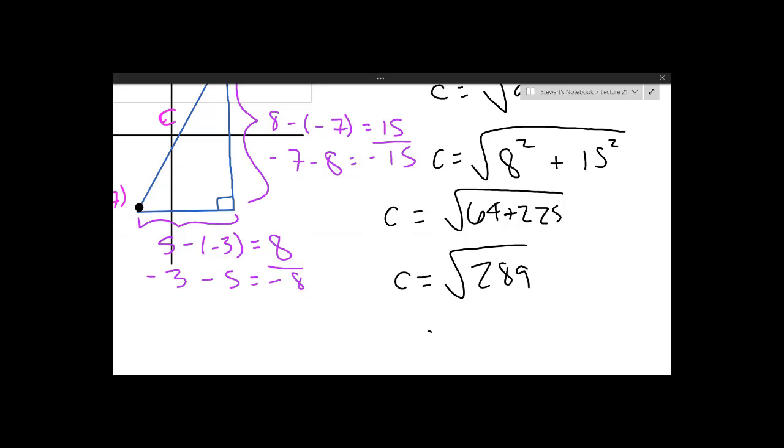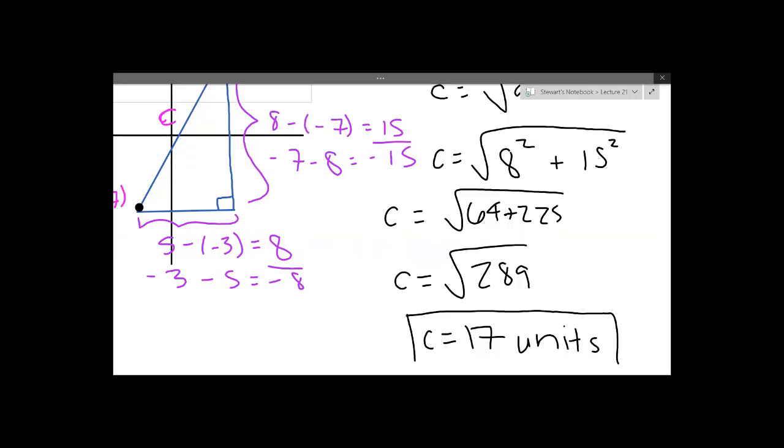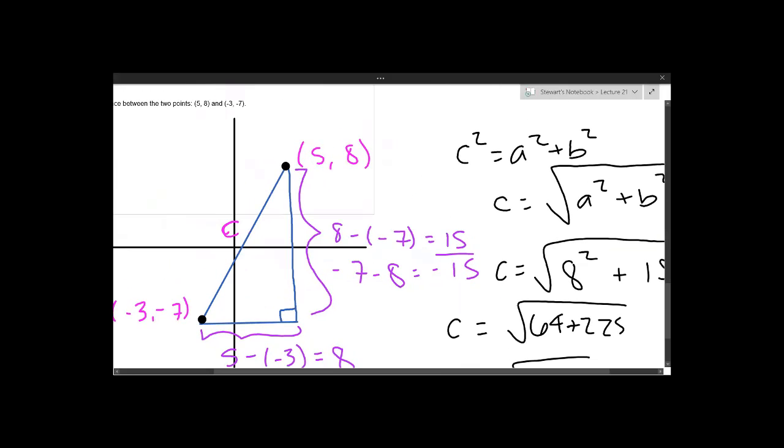So c then would equal 17. That is the distance, 17 units. That's the diagonal distance between these 2 points, between the points we have.